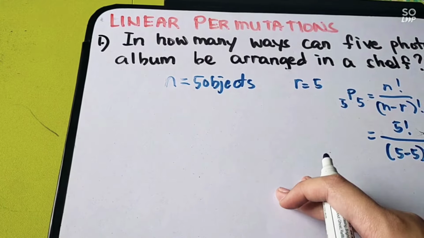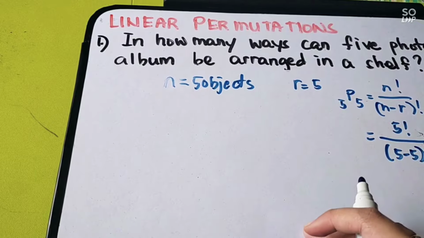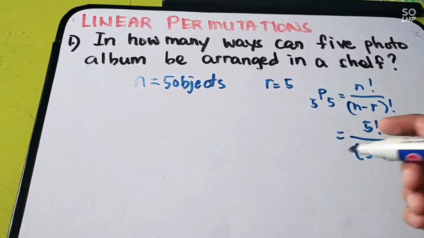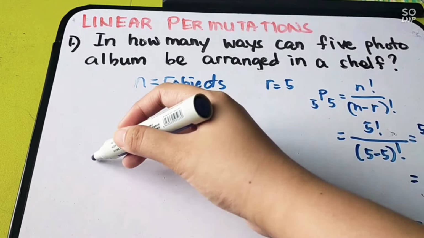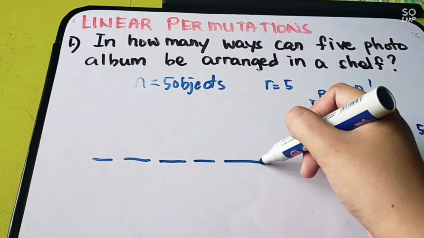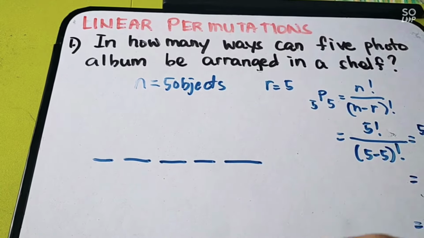Meron pang isa. Let us use the fundamental principles of counting. So, paano yon? Di ba meron tayong 5 photo albums? So, lagay ka dyan. 1, 2, 3, 4, 5. So, meron tayong 5 photo albums na need nating i-arrange sa shelf.